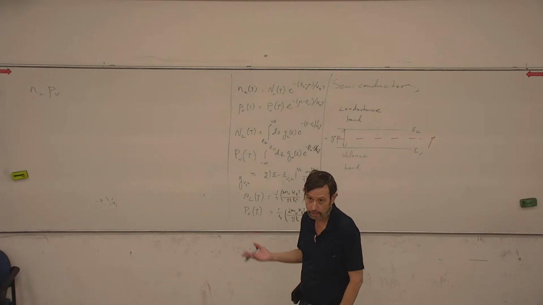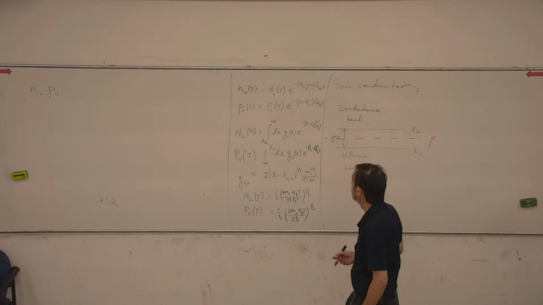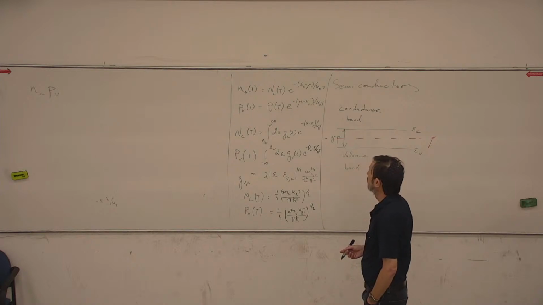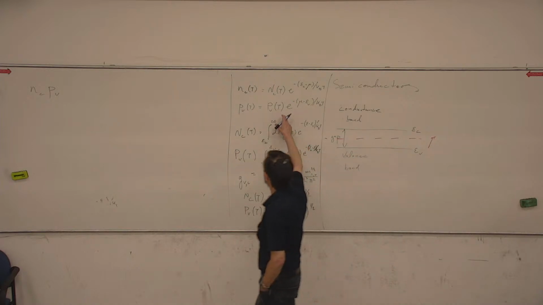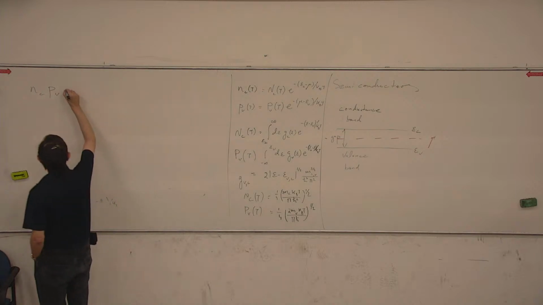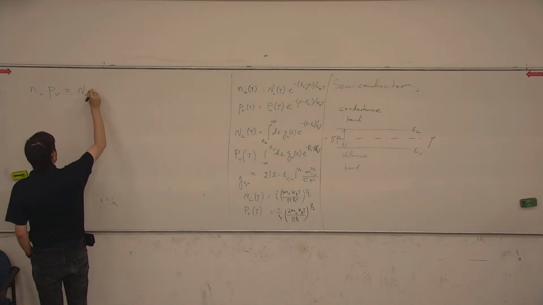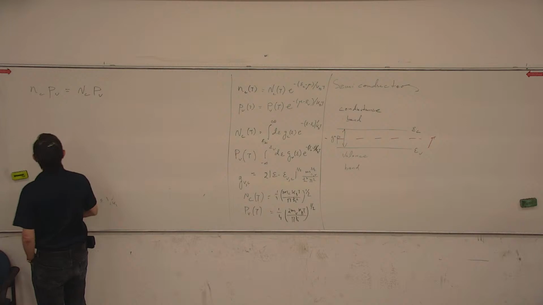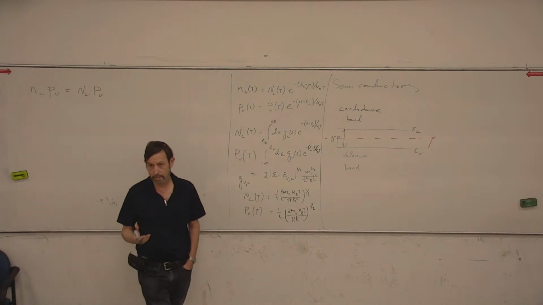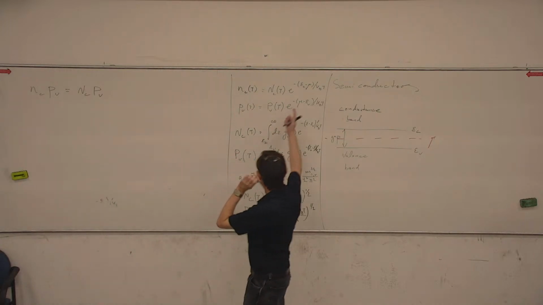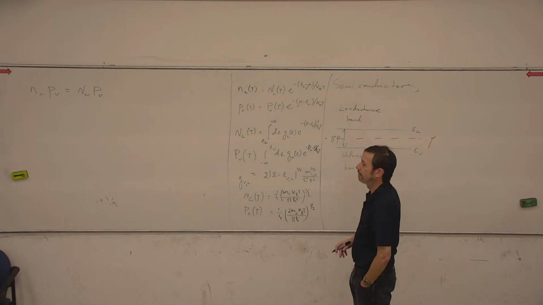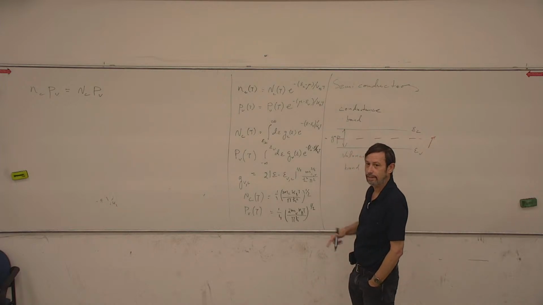Am I allowed? Yeah, why not? Okay, so NC and PV times exponentials. Wait, I lost mu.